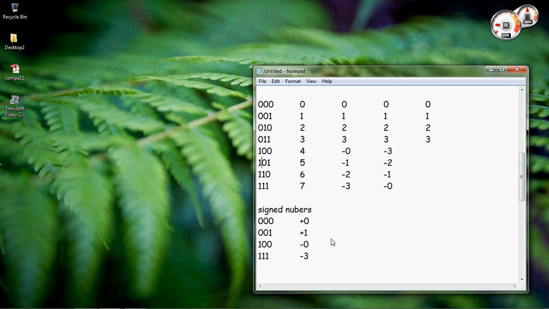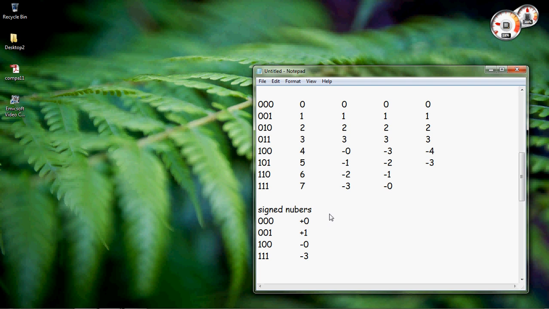And this 101 will represent -3. If you calculate, this is -4, this is -3. This will be the 2's complement of 011.